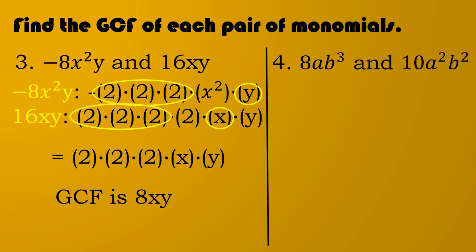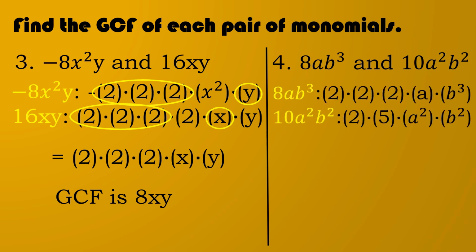Number 4, 8ab cubed and 10a squared b squared. Please follow my explanation carefully. 8ab cubed is expressed as 2 times 2 times 2 times a times b cubed, while 10a squared b squared is expressed as 2 times 5 times a squared times b squared.